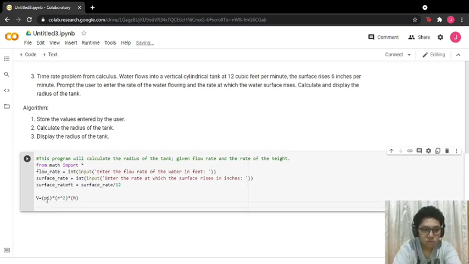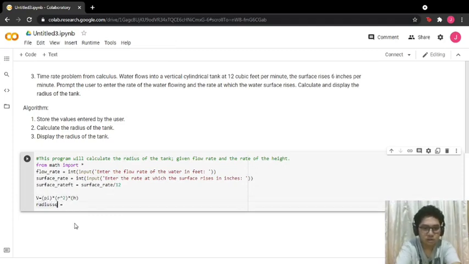So if we get the derivative of pi r squared height, since pi is constant and the radius is also constant, our height will remain. That is, radius is equal to the square root of the volume over pi times h.